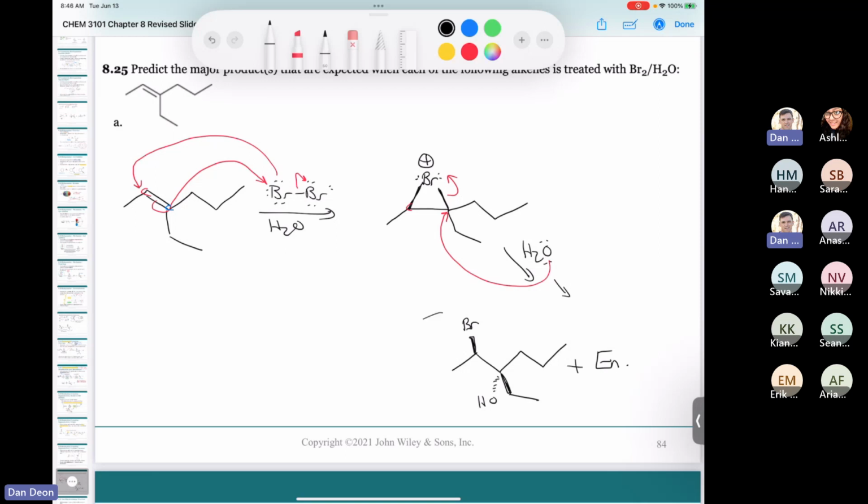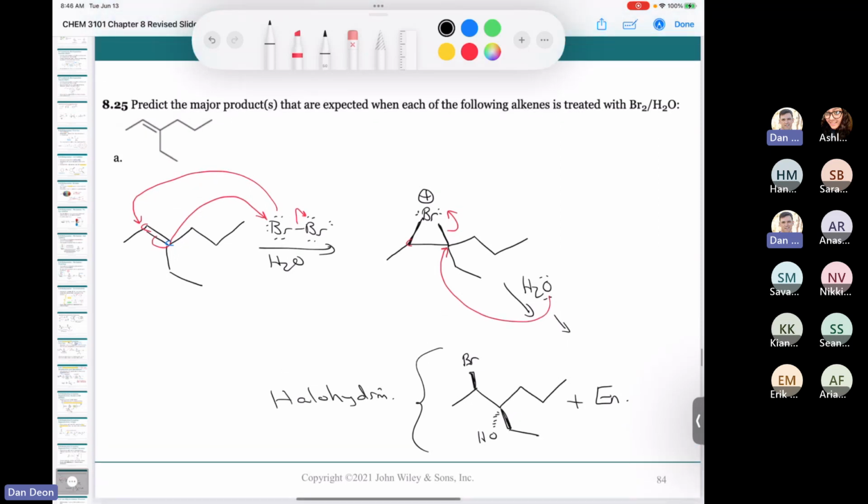So remember, this guy here is called a halohydrin. More specifically, this one would be a bromohydrin. And can I just tell you one more funny thing? We're going to take a short break now, but you probably won't find this funny. But the halohydrin, there's not really a lot of uses for it until organic chemistry 2. So it's in this chapter because this is the alkenes chapter, right?